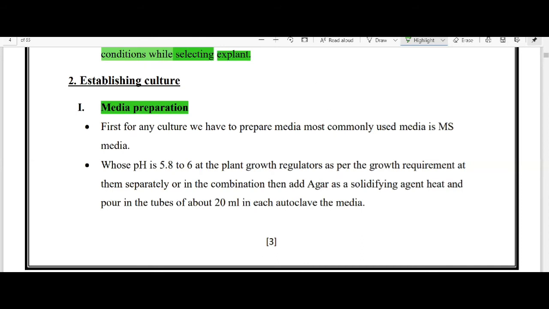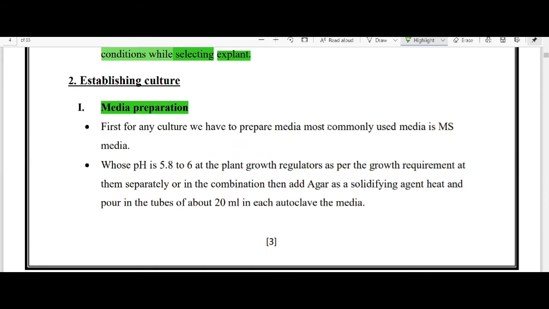But as we know, the soil contains rich nutrient supplements for plant growth. So externally, plant hormones and other different nutrients are added in the solution to provide them nutrients. So first, for any culture, we have to prepare a media.